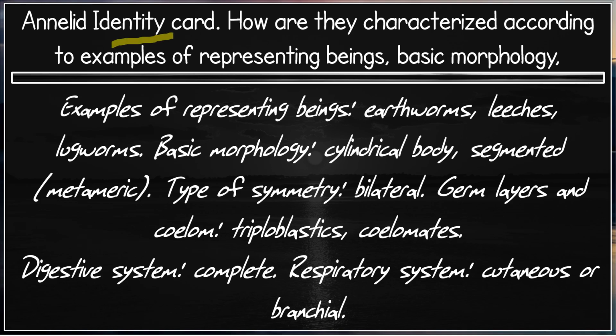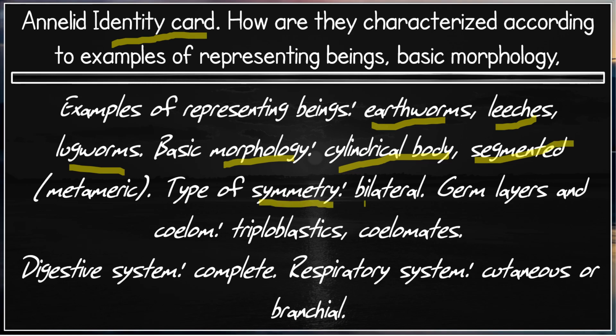Annelid identity card. How are they characterized? Examples of representing beings, we have the earthworm, the leech, the lugworm. Basic morphology, they have a cylindrical body. They are segmented, metameric.